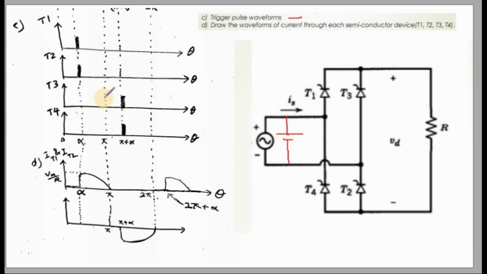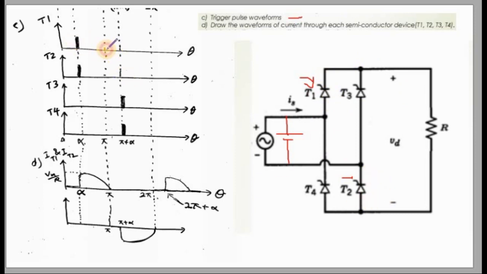So from 0 to alpha, we do not turn on this one and that one. When it comes to alpha, you should apply pulse to T1 and T2. So these two will turn on.